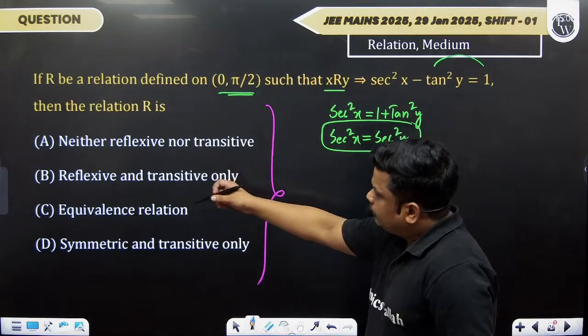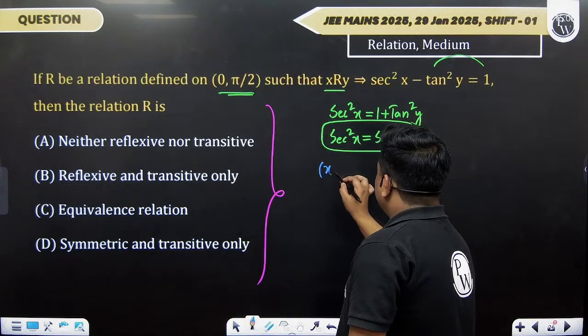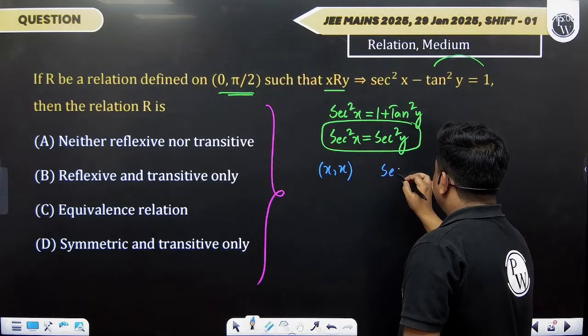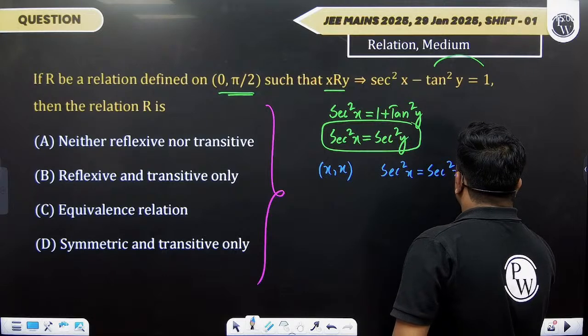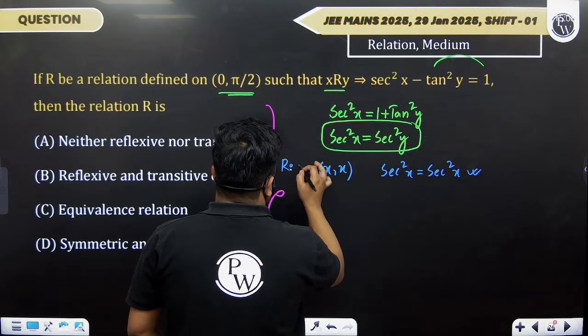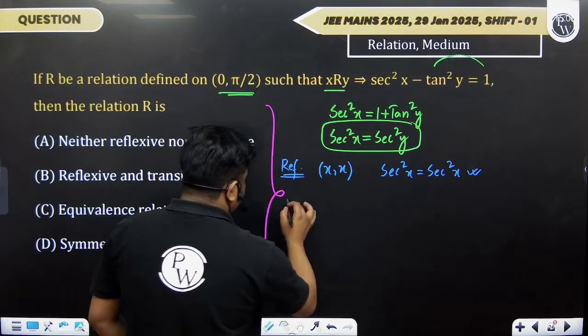So for reflexive, what do we check? We check whether x comma x lies here or not. Yes, because we can say secant square x equal to secant square x. This is a true statement. That means this is a reflexive relation. So this became reflexive. For symmetric, what do we check?